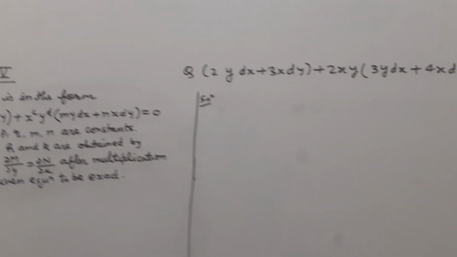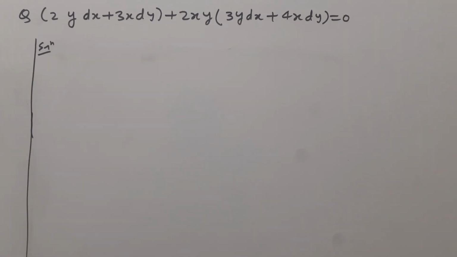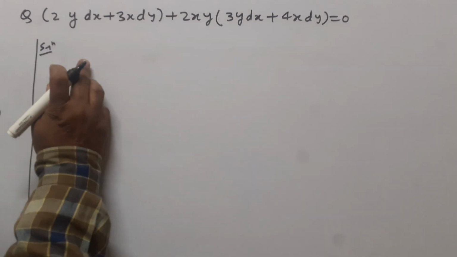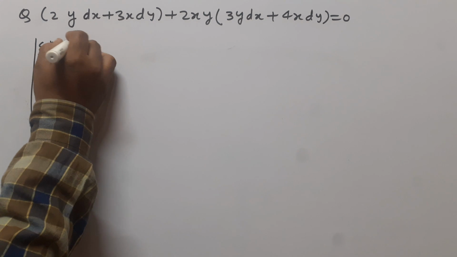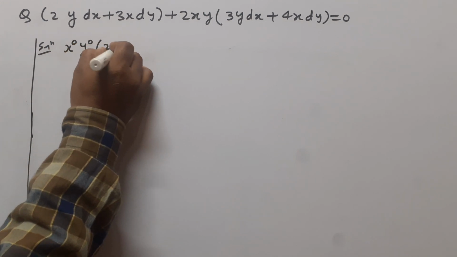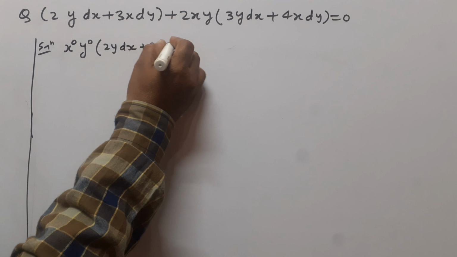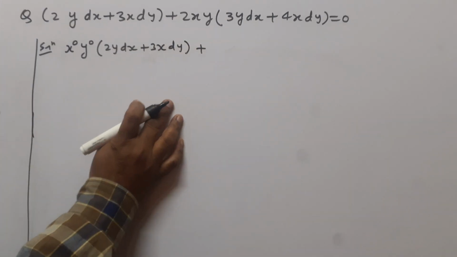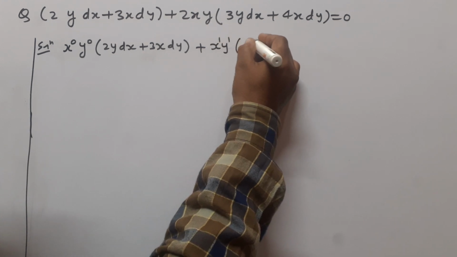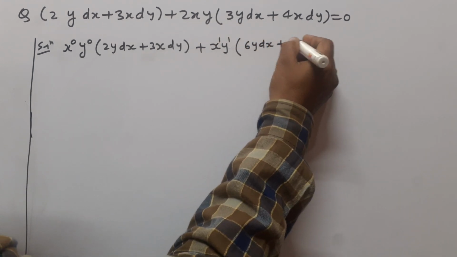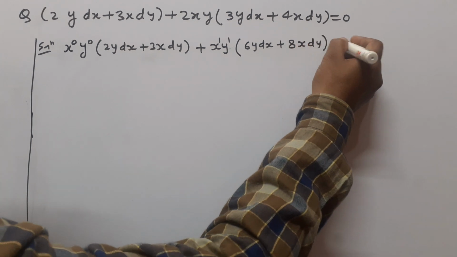So the question is: (2y dx + 3x dy) + 2xy(3y dx + 4x dy) = 0. We can see this equation can be written as x^0 y^0 (2y dx + 3x dy) + x^1 y^1 (6y dx + 8x dy) = 0.